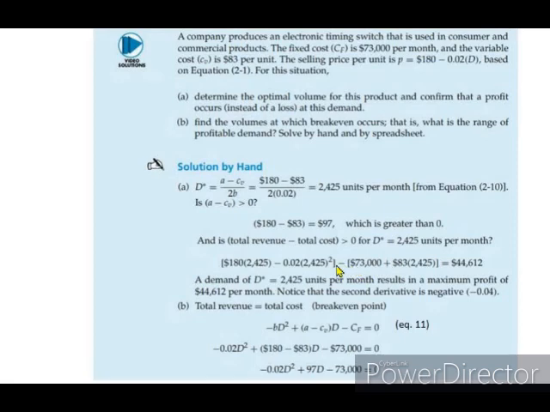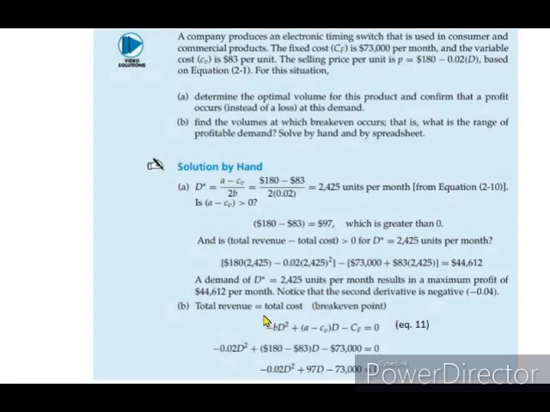So simplifying them, we got $44,612. So the demand of this volume, 2,425 units per month, results in a maximum profit of $44,612 per month. So it is positive because total revenue is greater than the total cost.